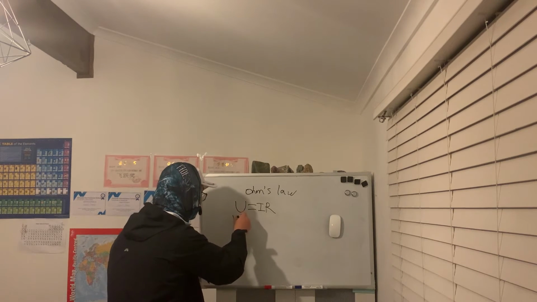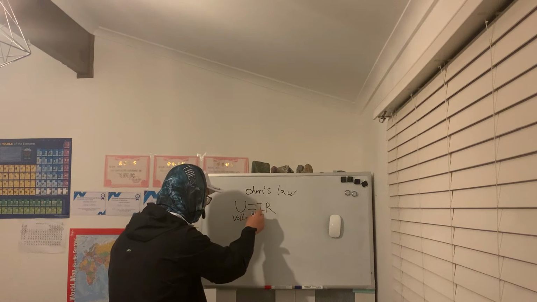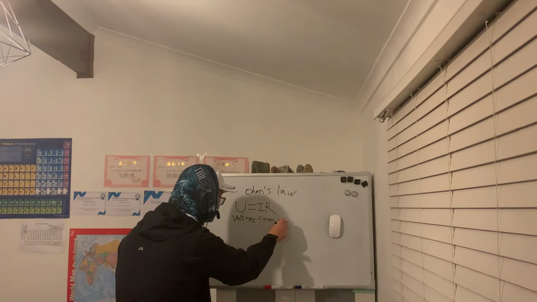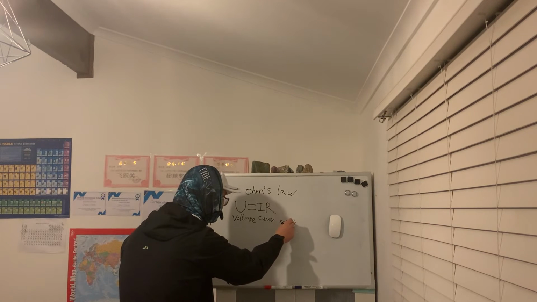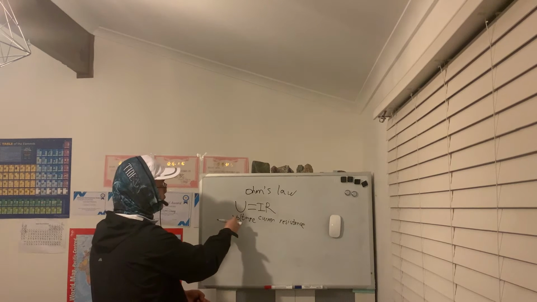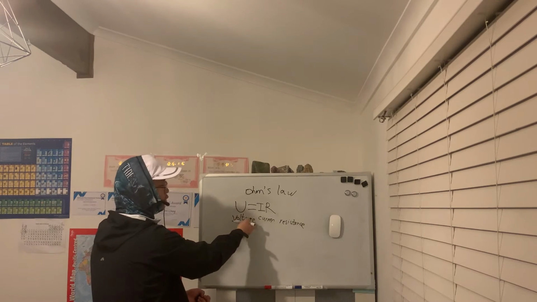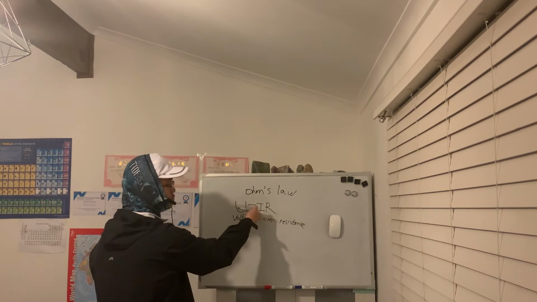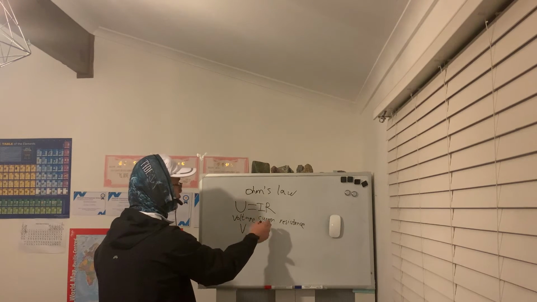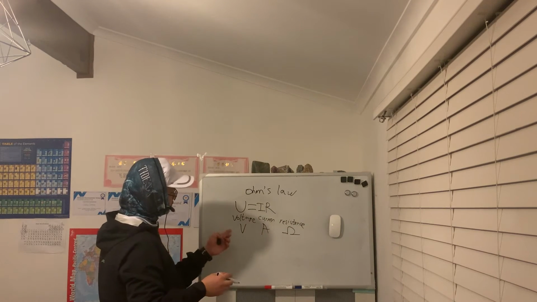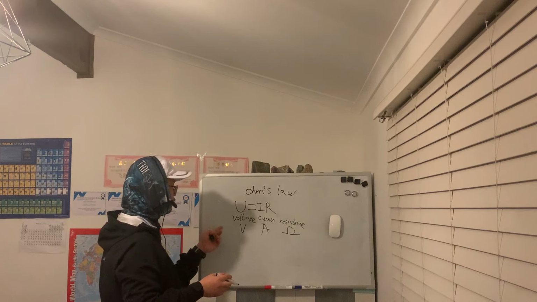U stands for voltage, I stands for current, R stands for resistance. What is the unit of voltage in this case? It's V. I, A, R, Ohm. You have to remember this. This is very important.